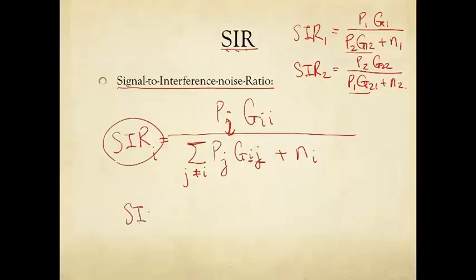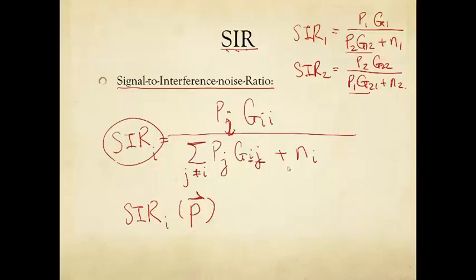SIR for each transceiver pair I, the received signal to interference ratio for pair I, is really a function of the entire power vector P. It's not just a function of your own power, but also a function of others' power.